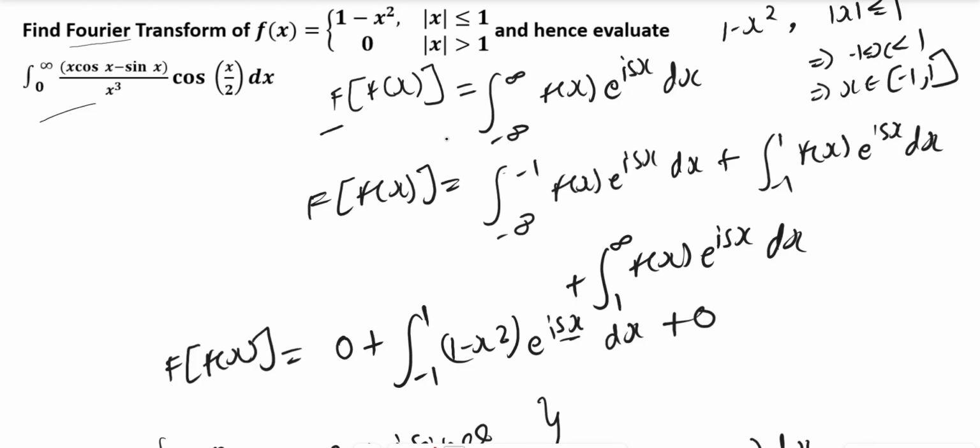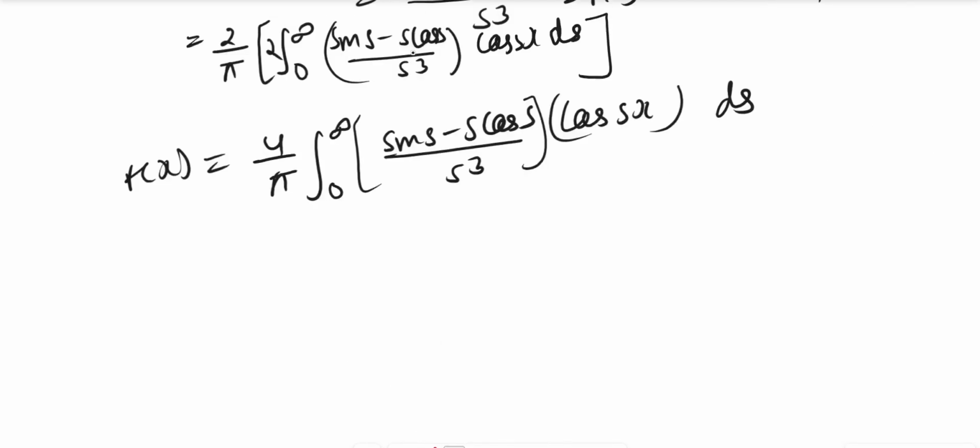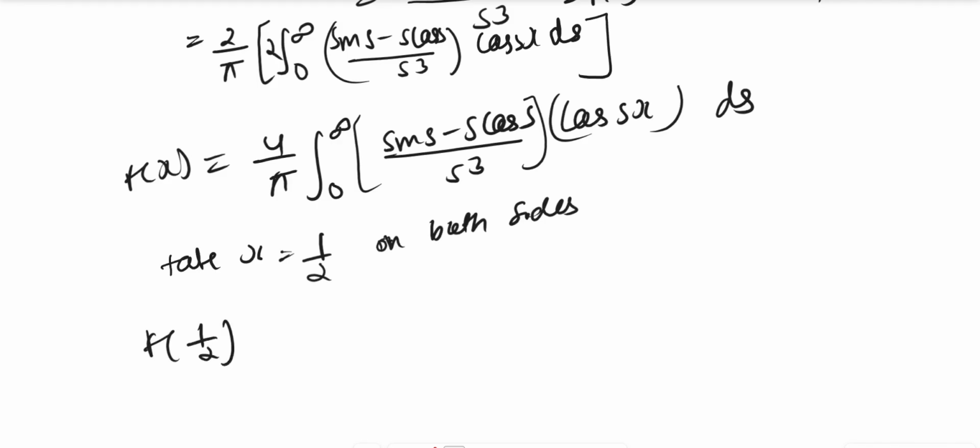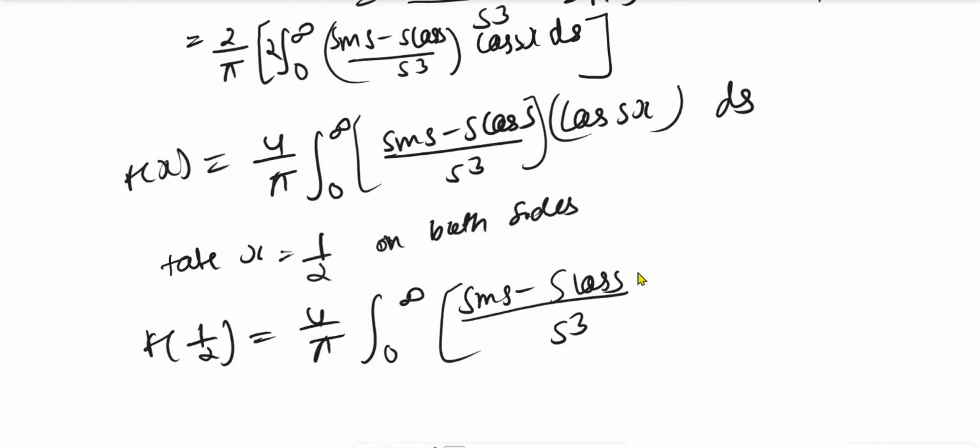So we will convert the integration we found into this form. In the integration there was cos x by 2, so we take x is equal to 1 by 2 on both sides. So f of 1 by 2 is equal to 4 upon pi integration 0 to infinity of (sin s minus s cos s) divided by s cube and cos s by 2 with ds.